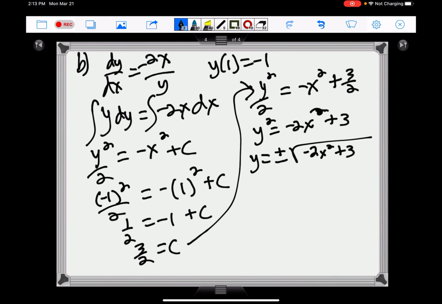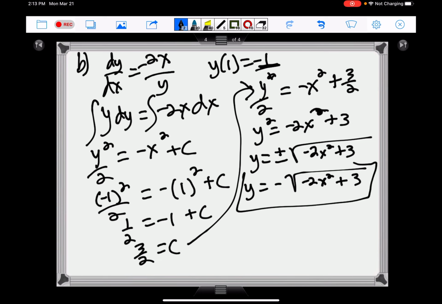You look at whatever the y is, and since this y is negative 1, you use the negative. If I plug 1 in here, I get negative 2 times 1 plus 3, that's 1. I can't ever get a negative number out of a square root. So if my initial condition is negative, then it's got to be the negative version of the square root, right? Okay, are we doing okay?